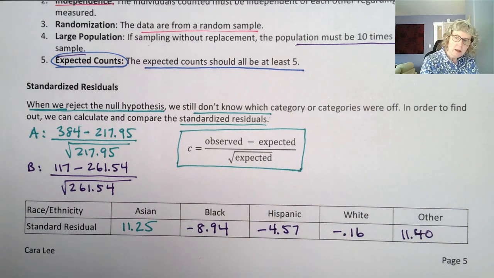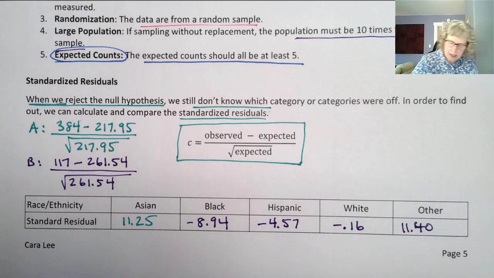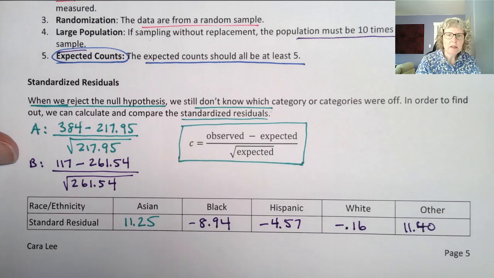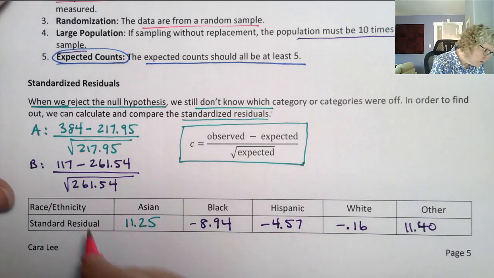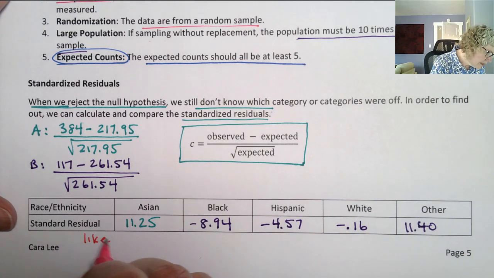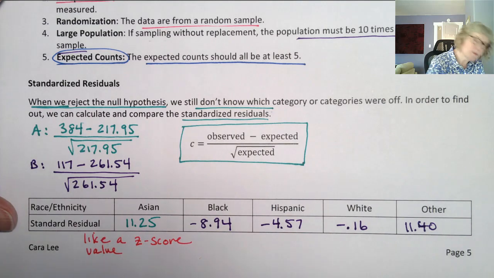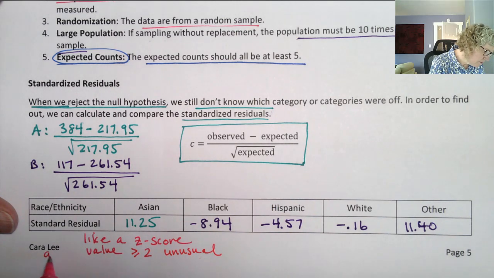Okay, so we can interpret these kind of like a z-score, where within 2 is usual and outside of plus or minus 2 is unusual. So interpret it like a z-score: a value, or you could say absolute value without the sign, greater than or equal to 2 is unusual.